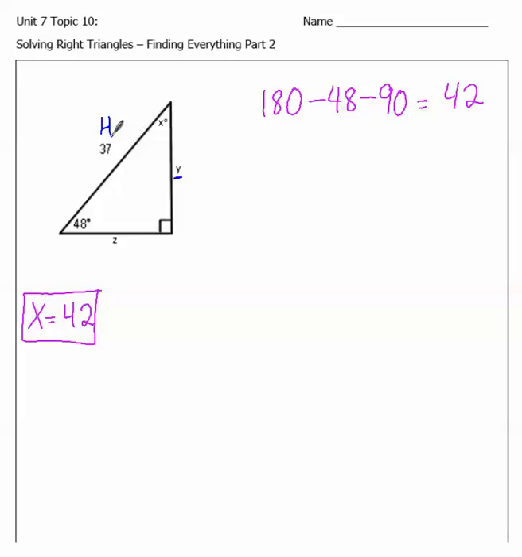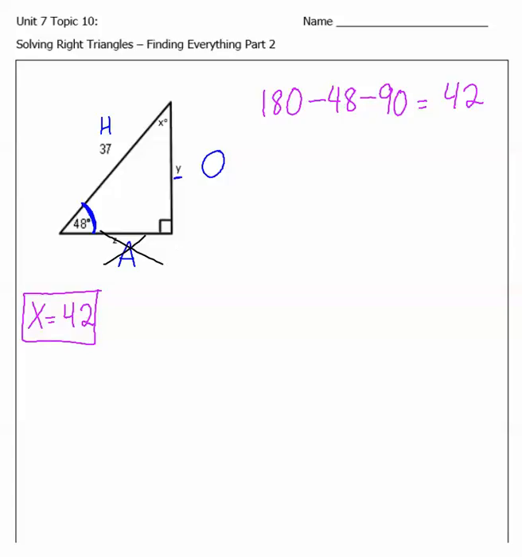I know both of the acute angles, but I'm going to use the one that they gave me, 48 degrees. Y is opposite, 37 is the hypotenuse, and z over here is adjacent. So I've labeled my triangle. If I'm solving for y, I don't want to introduce another variable, so I'm not going to use z.